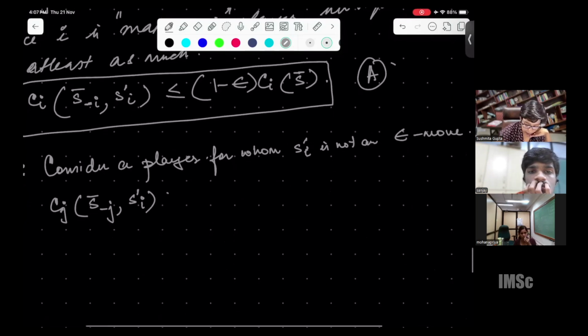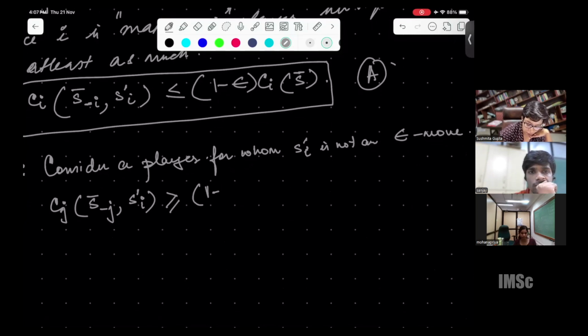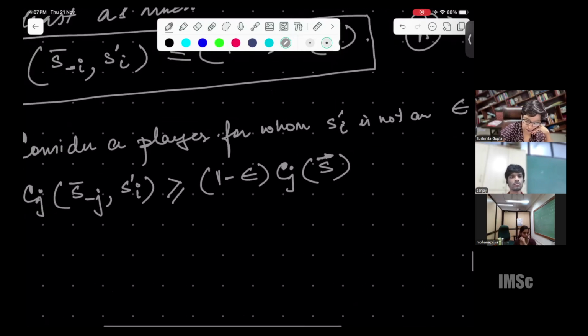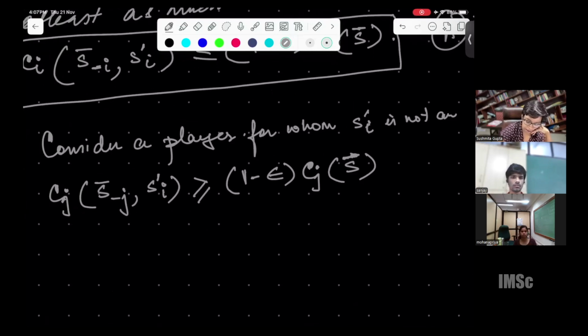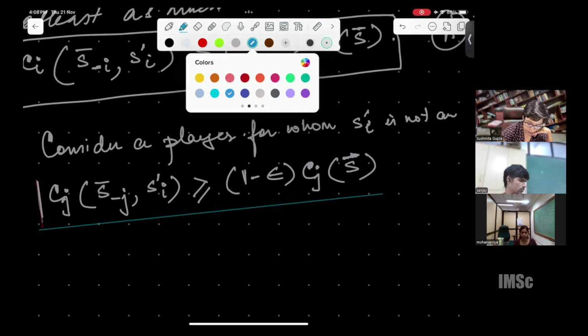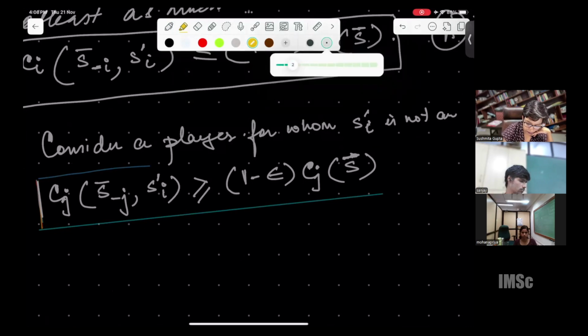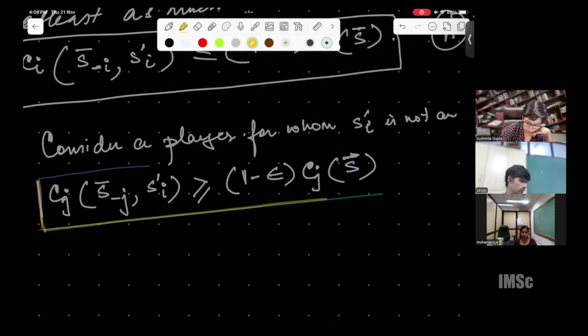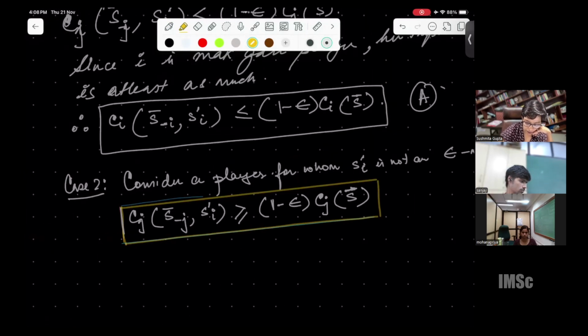That's the main thing to consider. Okay. It is greater than or equal to, meaning the cost has not fallen. It remains at least as much as 1 minus epsilon times his original cost. Okay. So let's call this B.